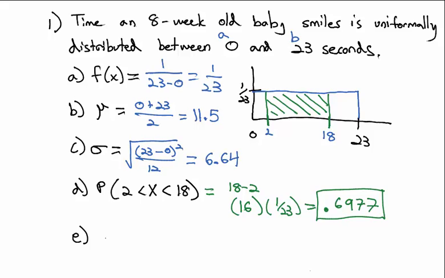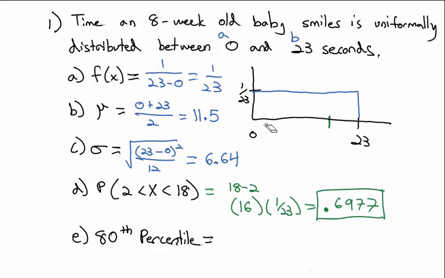We can even work backwards here and find something like the 80th percentile. Let me clear out my picture here. 80th percentile. What we're looking for is the point where the area beneath it is 80%, or 0.8.